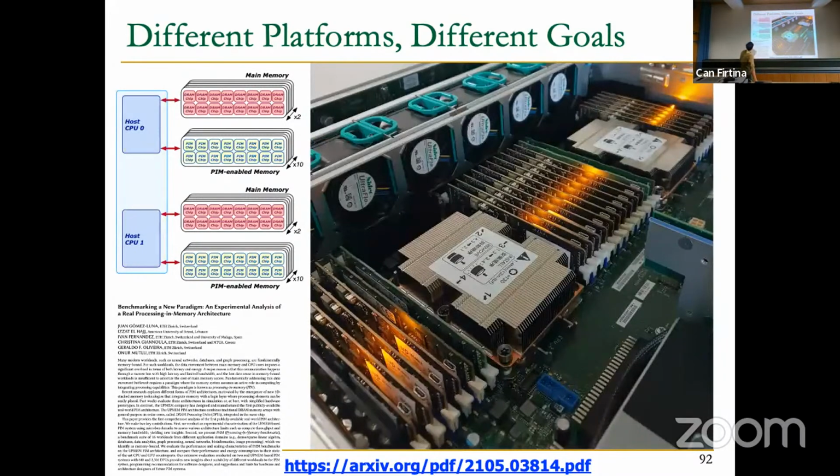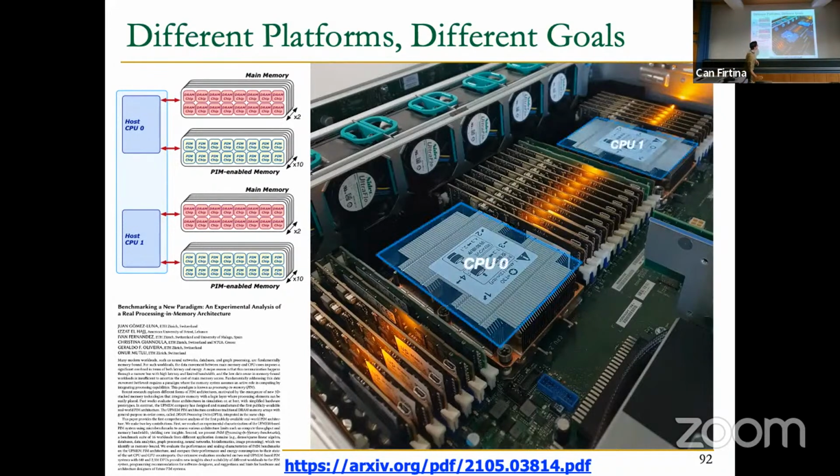And this is one that is especially interesting to me because I work with it. It is the first real-world processing-in-memory system, or the first compute system that is real-world and publicly available, and you can even buy it, and has processing-in-memory capabilities. And as you see, it essentially consists of a CPU. It's a dual socket CPU.